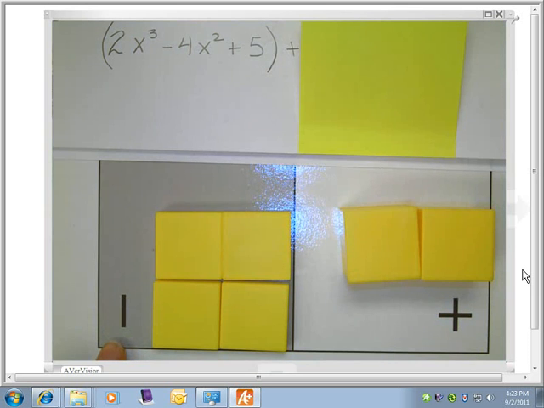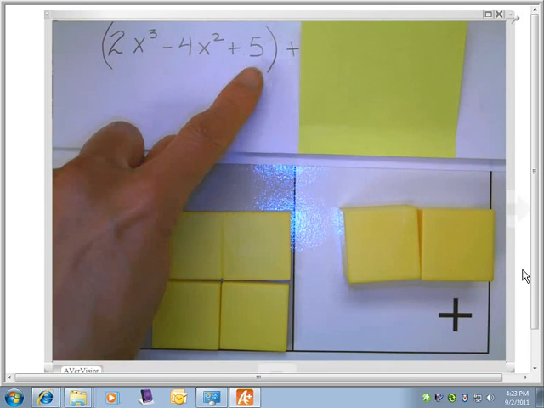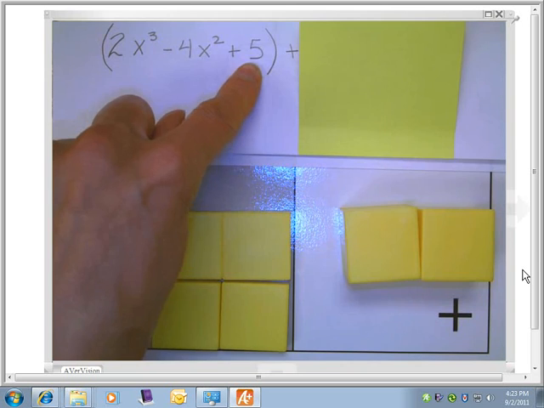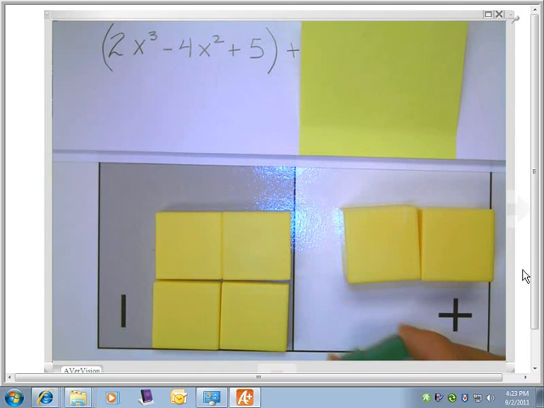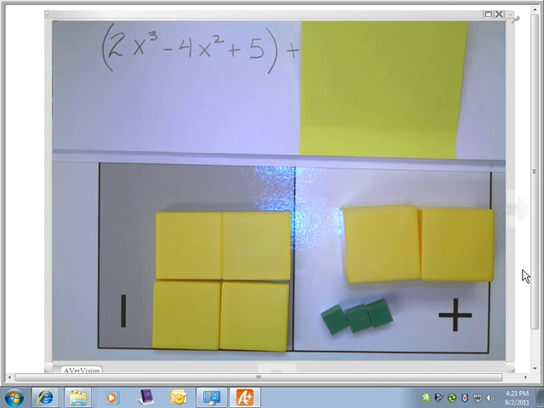So that's negative 4x squared. And then I have plus 5. So that's 1, 2, 3, 4, 5. So that's what 2x cubed minus 4x squared plus 5 looks like.